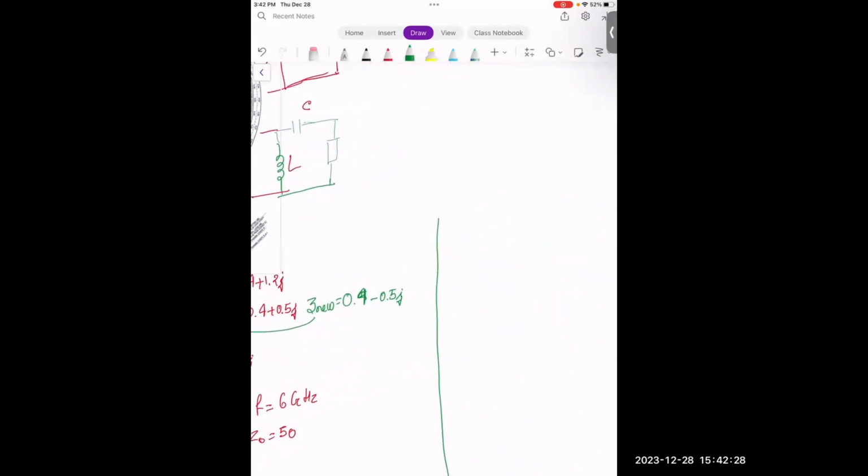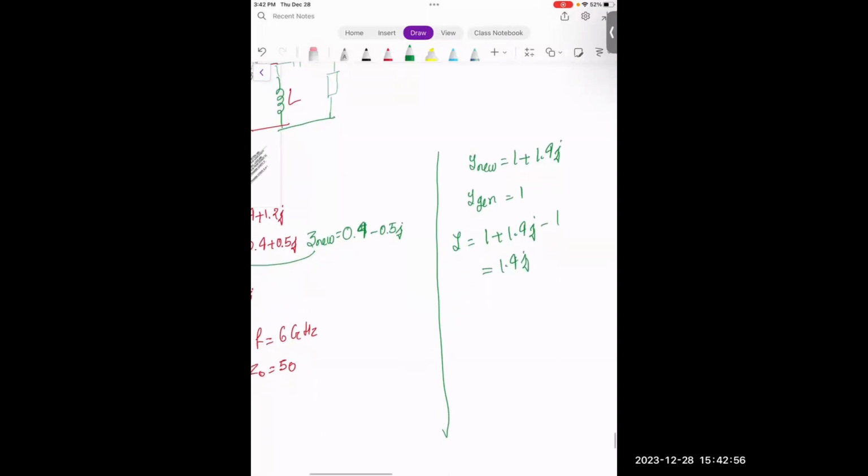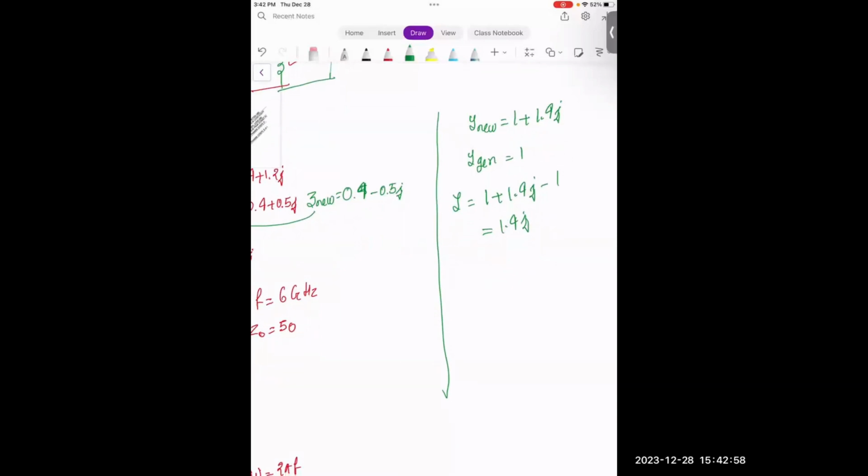And if I find the L value from there, the Y new is 1 plus 1.4j and Y generator is 1. So same thing, 1 plus 1.4j minus 1 is 1.4j. After that we use the equation for when it is positive: j omega L over Z naught is 1.4j.